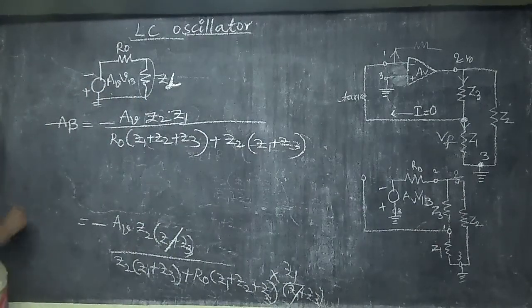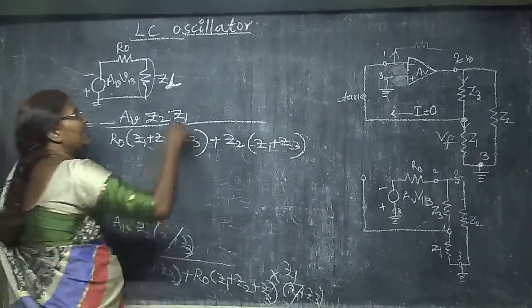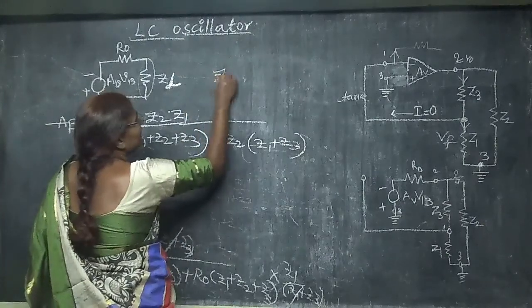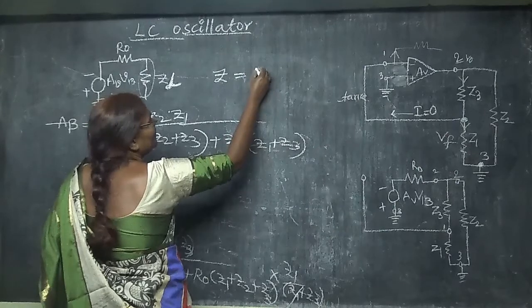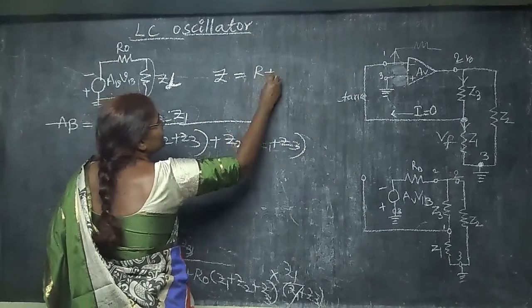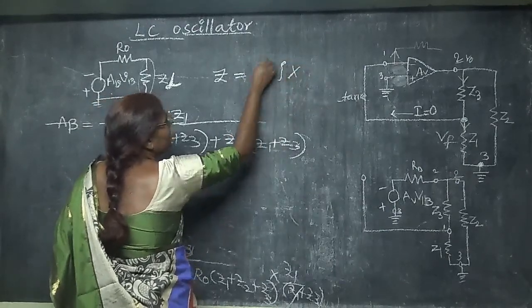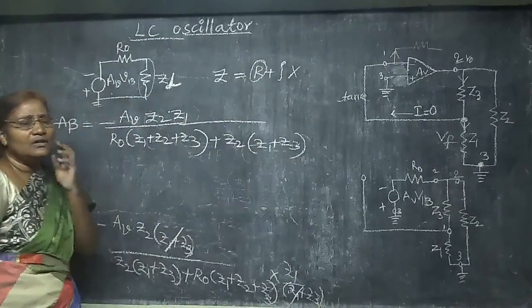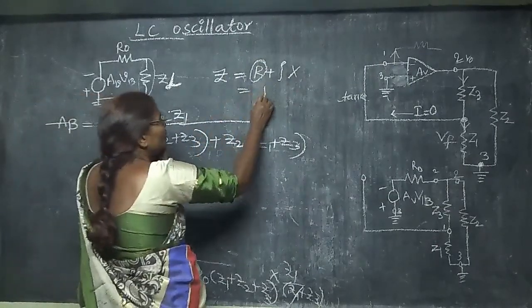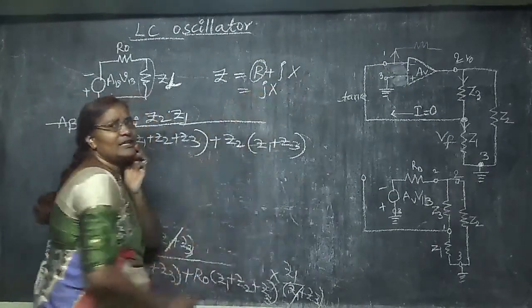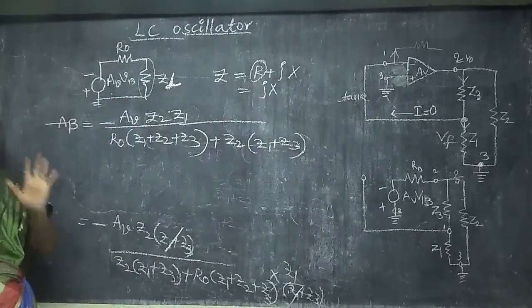What is the meaning of a reactive element? Z is equal to R plus jX, so I don't have the resistance, and I will get a purely imaginary part, jX only.